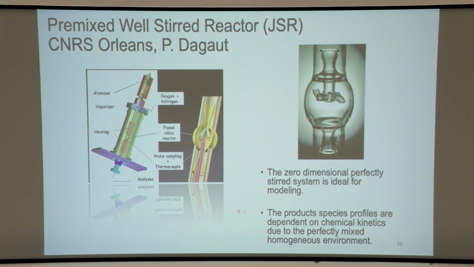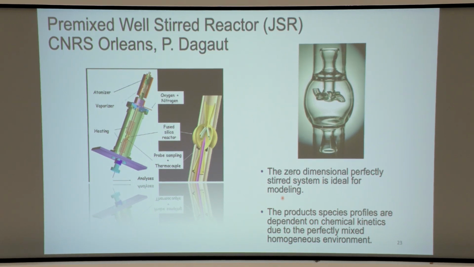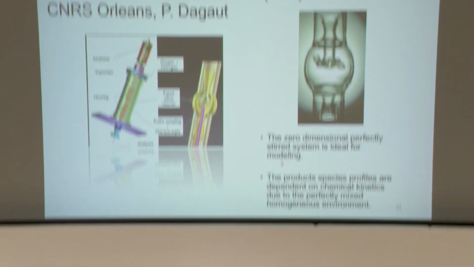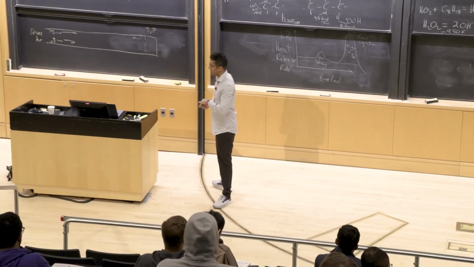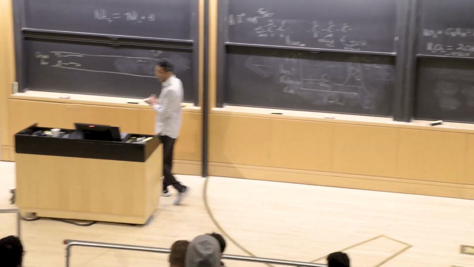So this system is zero-dimensional also. It's something we call a perfectly stirred reactor, or in chemical engineering we say continuously stirred tank reactor. It's a mixture that's perfectly mixed, but it's not a batch reactor. It's a continuous reactor.